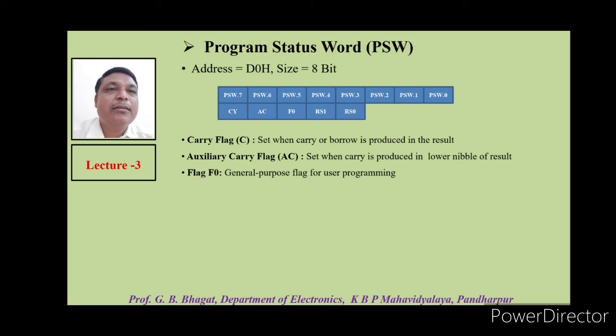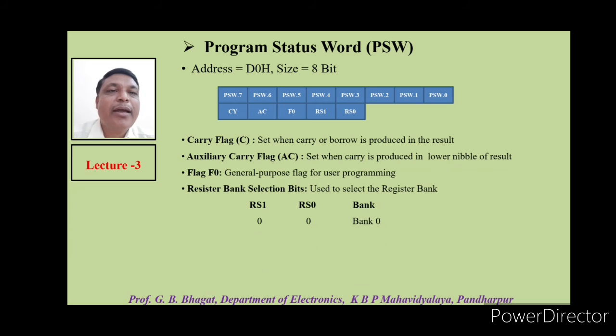Next, there are two bits, RS1 and RS0. These two bits are used for register bank selection. As per the table given below, these banks will be selected. If RS1 and RS0 are both 0, then register bank 0 will be selected. If RS1 is 0 and RS0 is 1, then bank 1 will be selected.